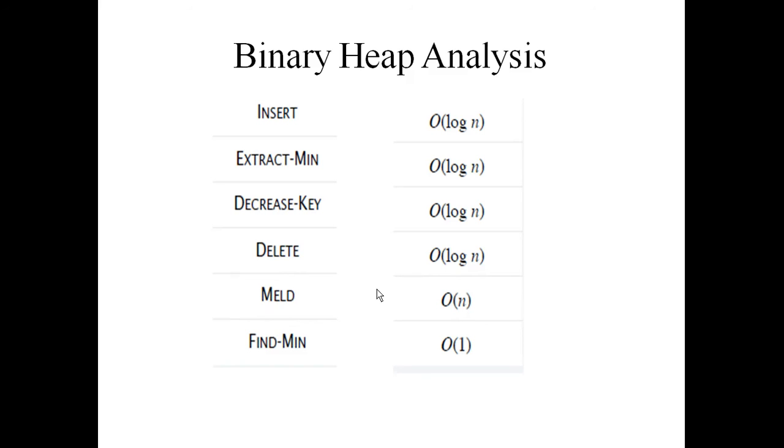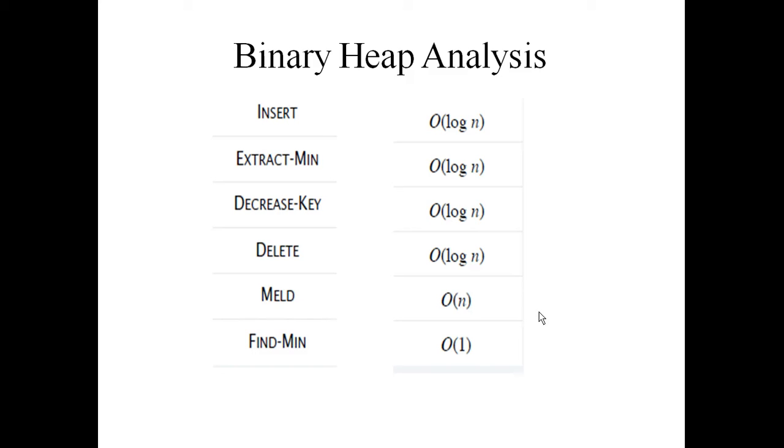But in order to actually perform the merging, you have to consider all elements in both the heaps at least once. Because of that, this requires big O of n time, because you have to consider all the elements once. That is the case for the merging operation.